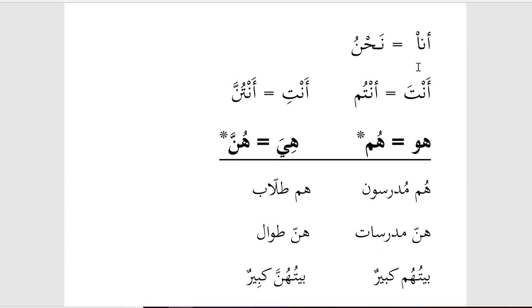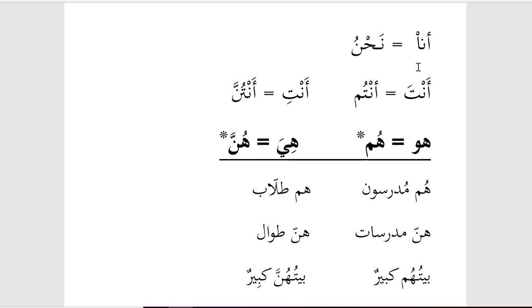Okay? Now, we'll take a general principle here, and that is, whenever we're talking about a group of men, the pronoun is going to take a meme. That meme is for men. And if it's a group of women, then the pronoun, the dhamir, is going to take a noon. The noon is for nisa. So we're going to add a meme for men, and we're going to add a noon for nisa.